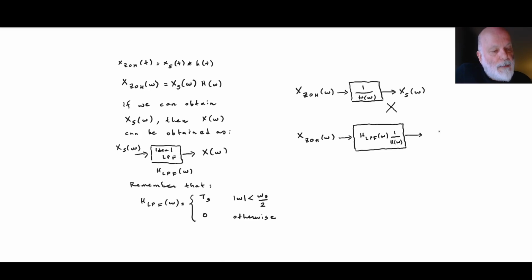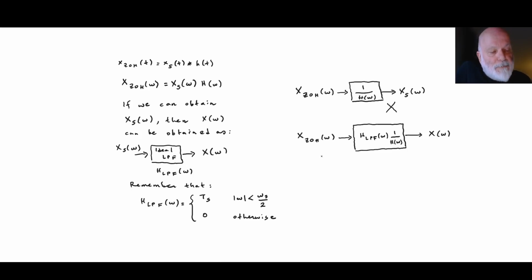Okay, and the output will be, when we apply 1 over H of omega as our system, we obtain X_s of omega, and from X_s of omega by low-pass filtering we are able to obtain X of omega. So we are able to retrieve x of t, in other words.